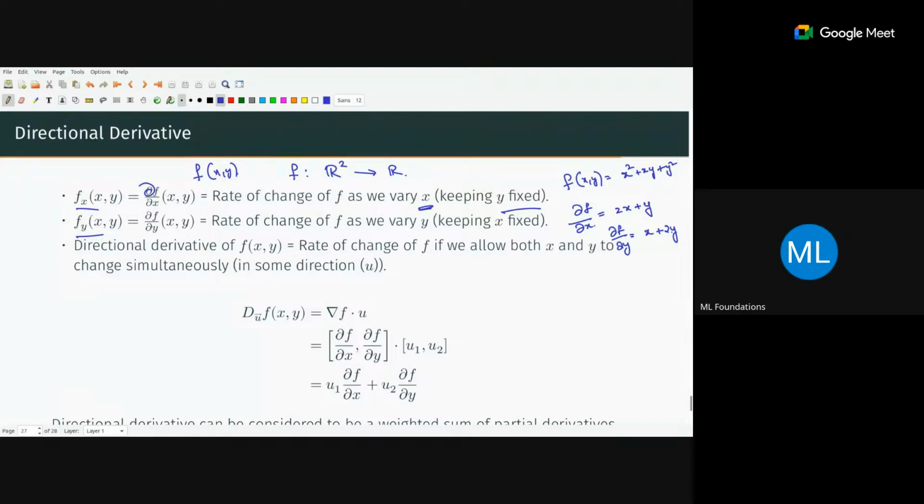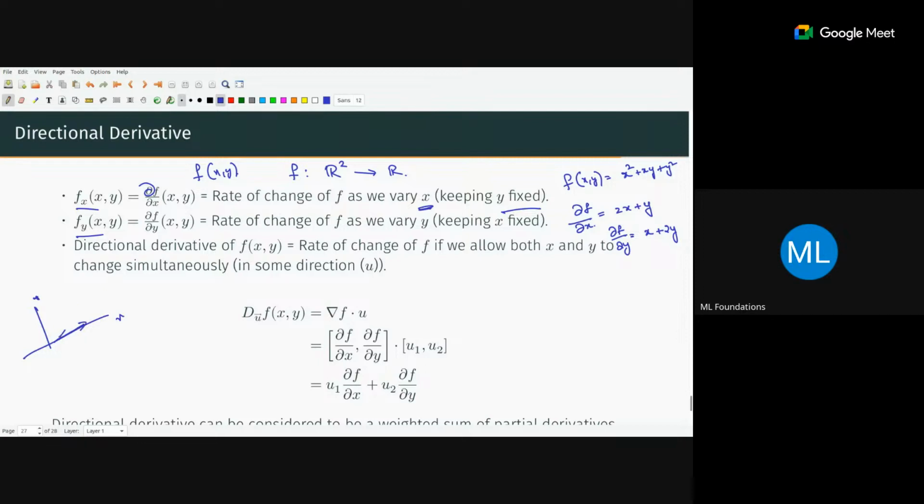But what if I vary both x and y simultaneously, and I want to see how my function is moving in some particular direction? If I vary x and y continuously, it will move like a region. So think about this: this is x, this is y.